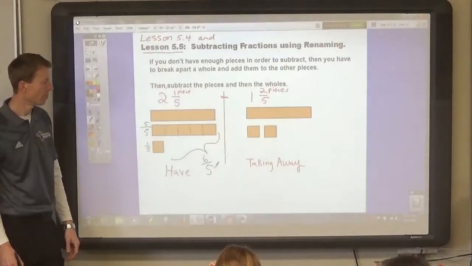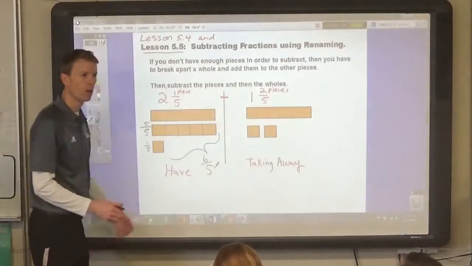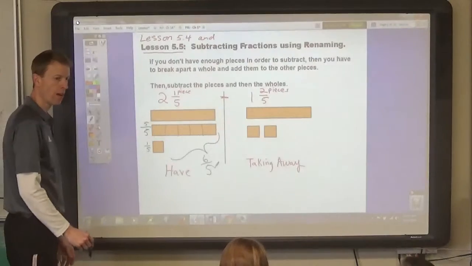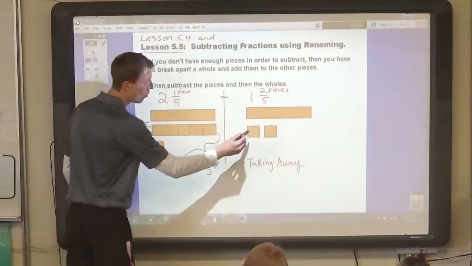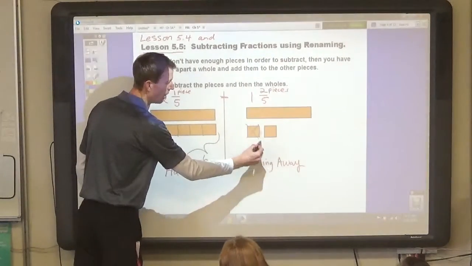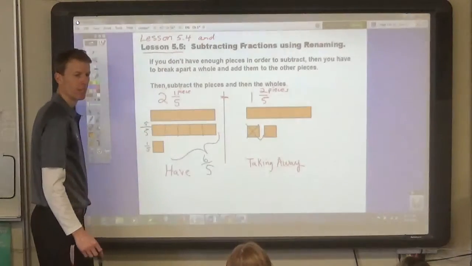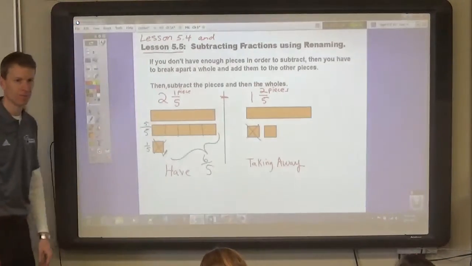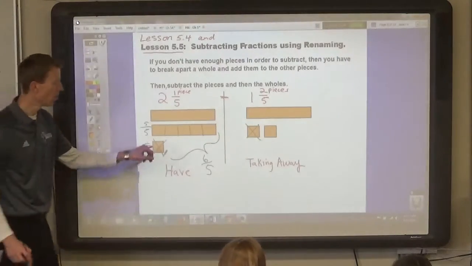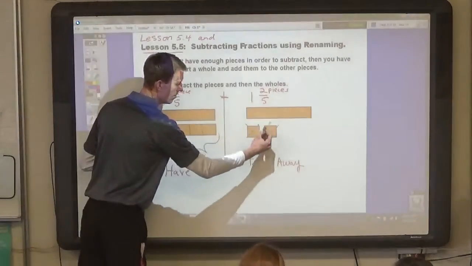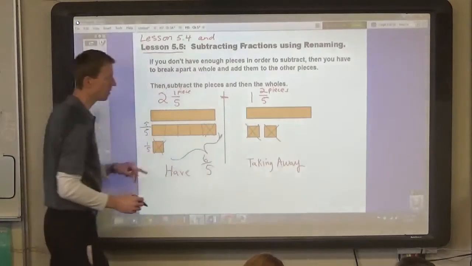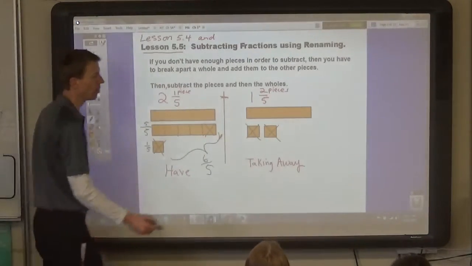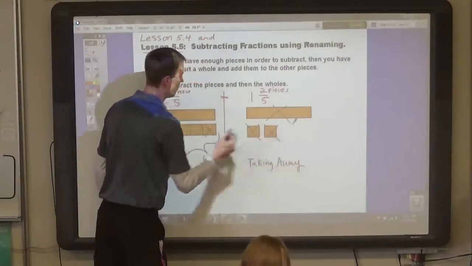To show subtraction on the model, for every one that you X out over here, that's taking away, you're going to X out 1 over here. So we take away 1 piece, 2 pieces, and we need to subtract 1 whole.